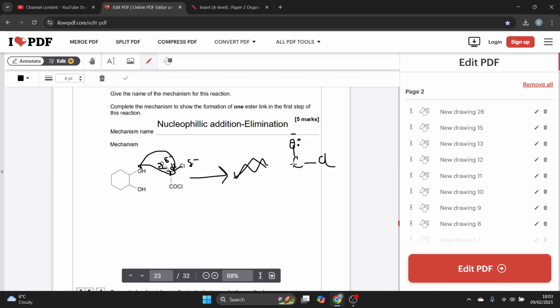You've got your COCl, and then you've also got your, now it's getting complicated because it's with these types of organic compounds. You've got your Cl there, then we've just added it on, right?